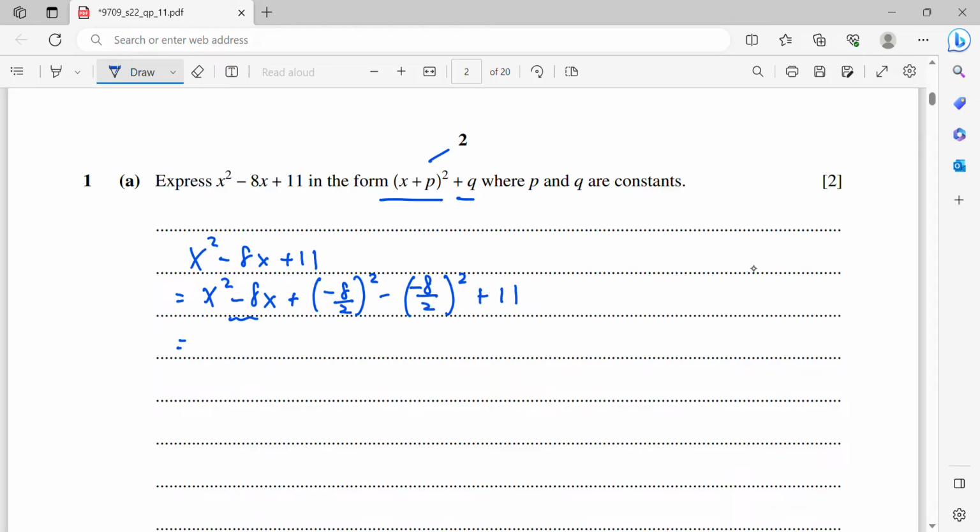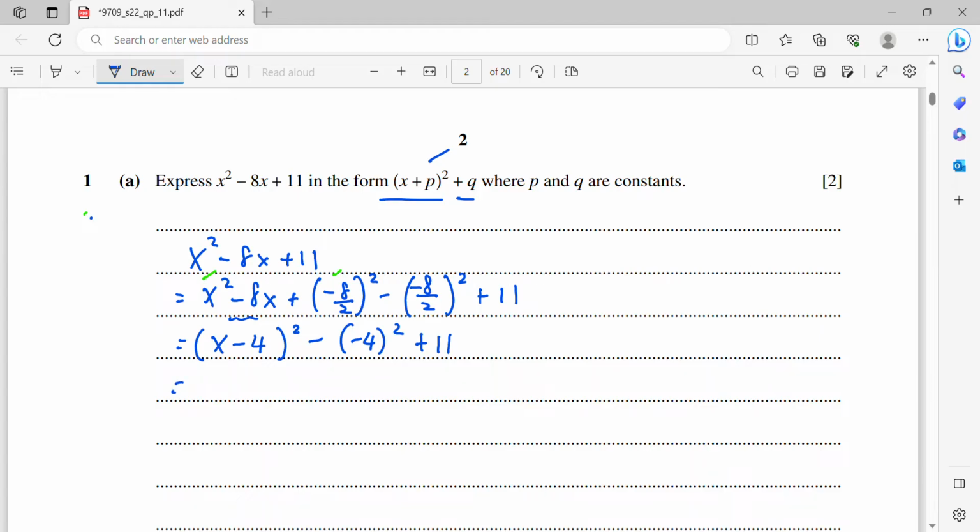Then after you get this, we just need to combine the first and third term, which is x minus 8 over 2, is minus 4. Okay, then we put the bracket, after that squared, outside. Then now same for the fourth term. It will be negative 4 squared plus 11.